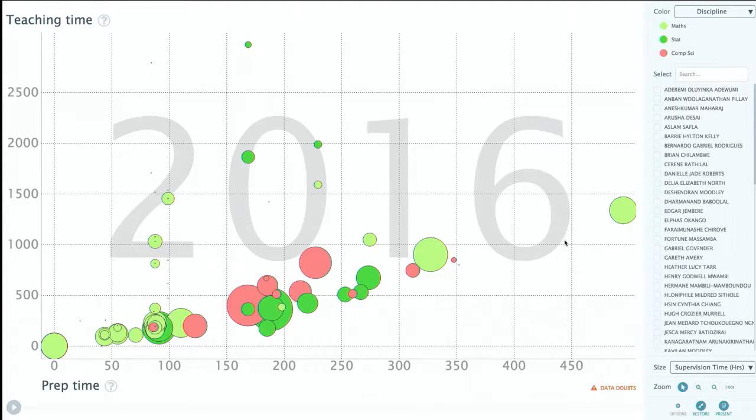So we worked it all out, and at each level we had what we call eventually preparation time, which is weighted across the years. So now for every academic at the university, we have a preparation time for the year 2016, how much you prepared for your classes. And then we had teaching time, which was your marking as well as standing in front of the class.